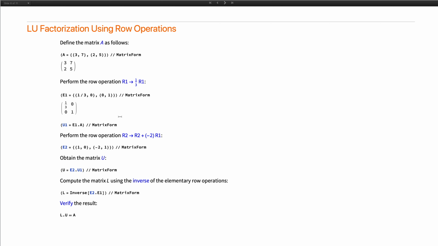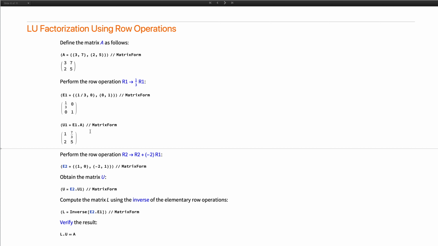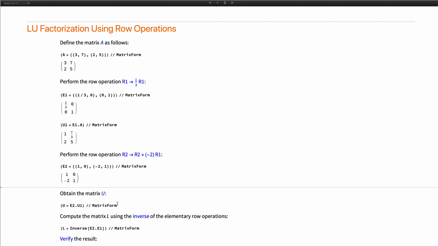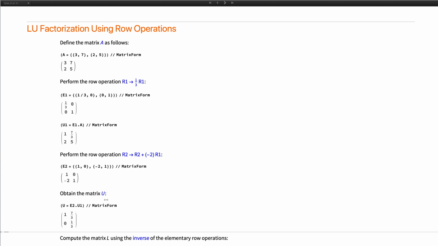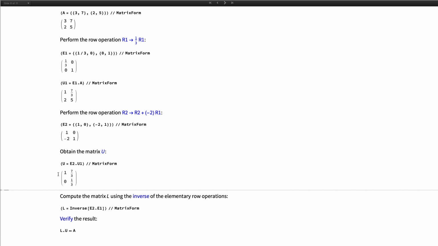So I take the elementary matrix with a 1/3 over here, and then I get back a simpler matrix with a 1 over here. Then I want to make that into a 0. So I set up an elementary matrix and I obtain the matrix U. And now that looks right. So basically, by just some row operations, we got the matrix U.